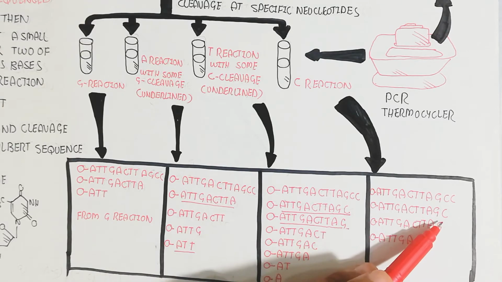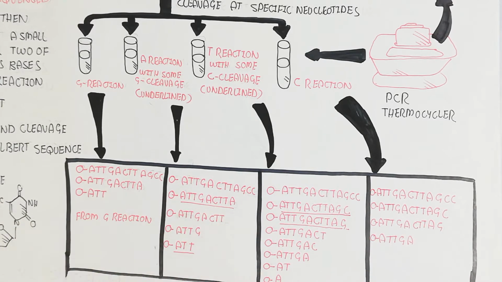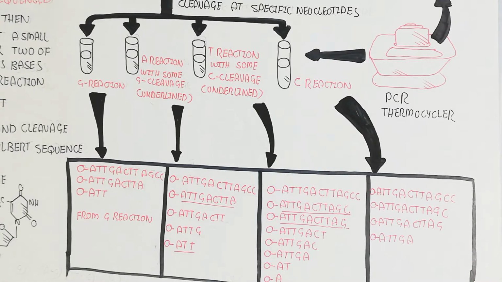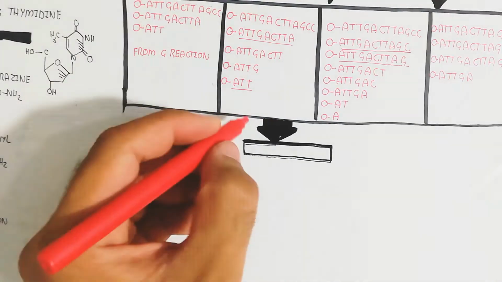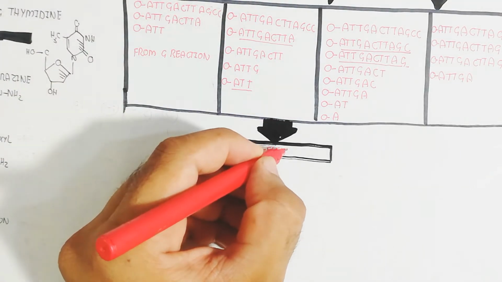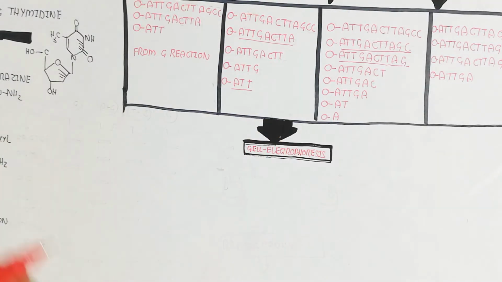Here are the C and C, and the C sites will be cleaved to produce more segments with different molecular weights and sizes.